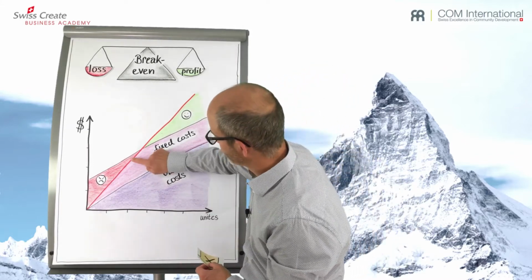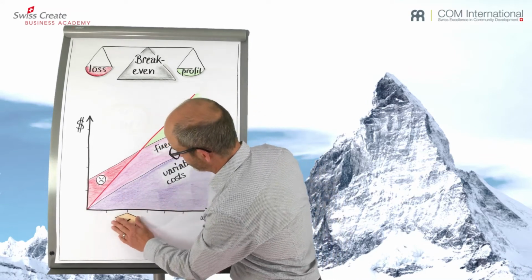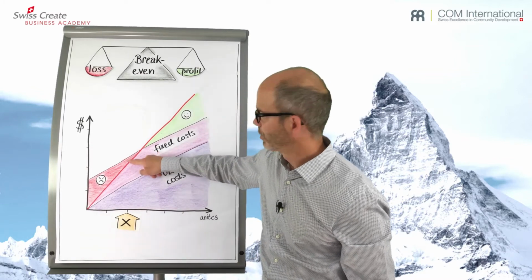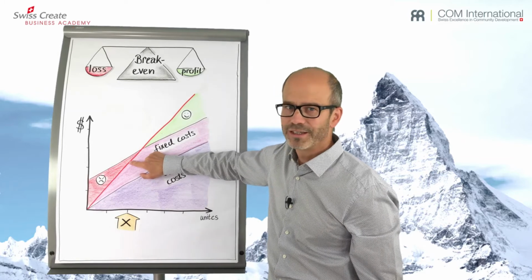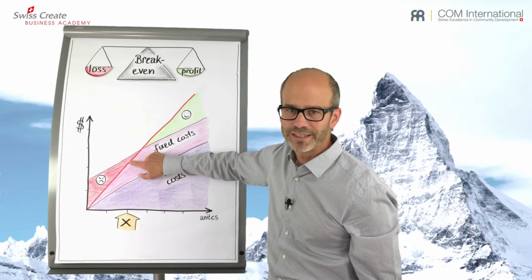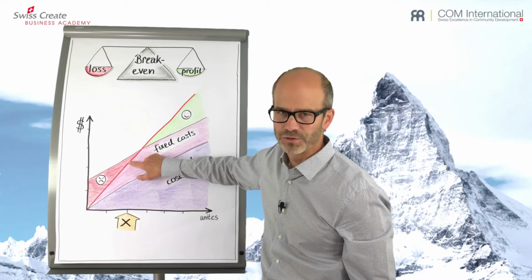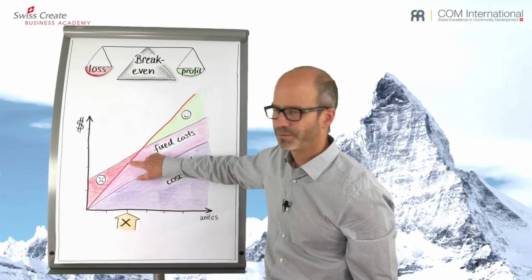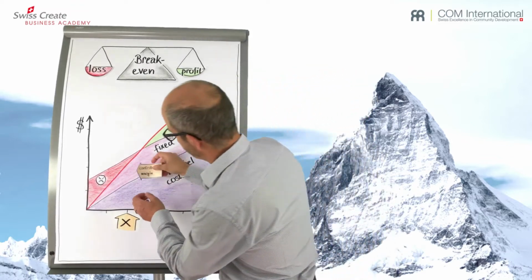If I'm here with this quantity, I have this number of pieces with that turnover. So I'm not yet in the profit zone. I'm still in the loss zone. But something is now visible here.